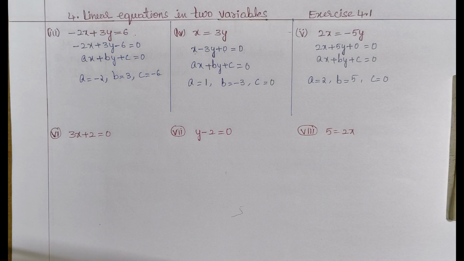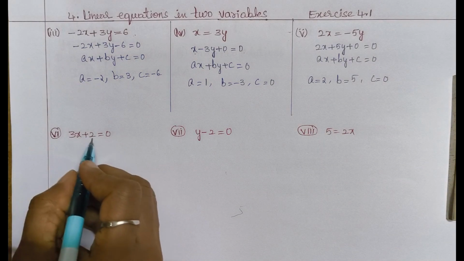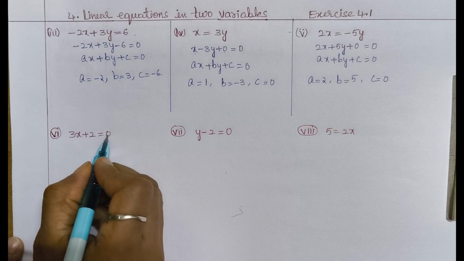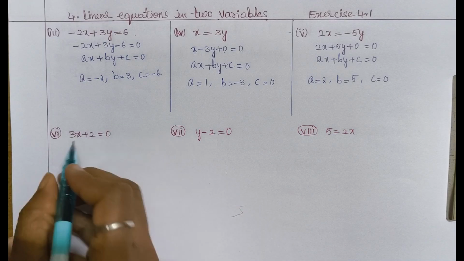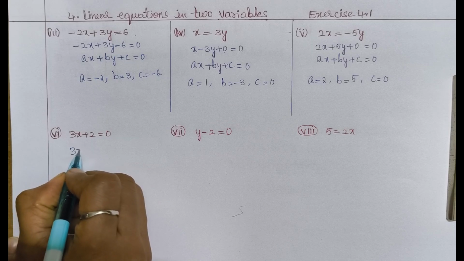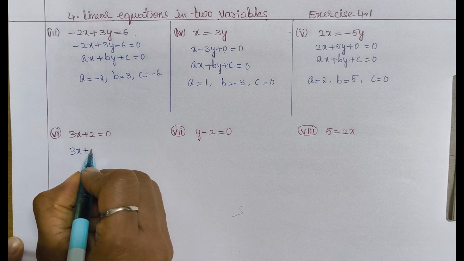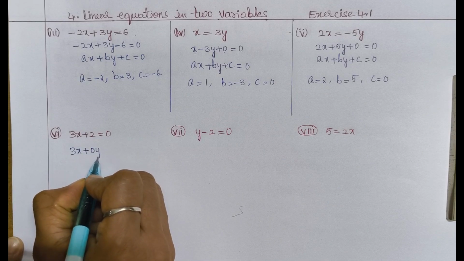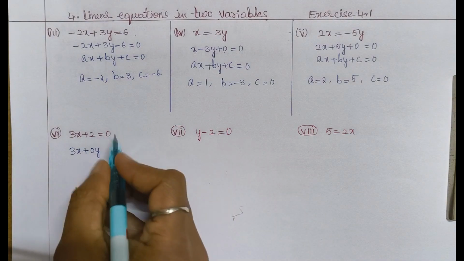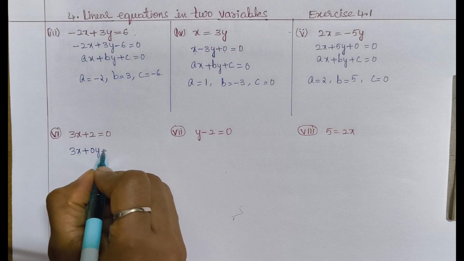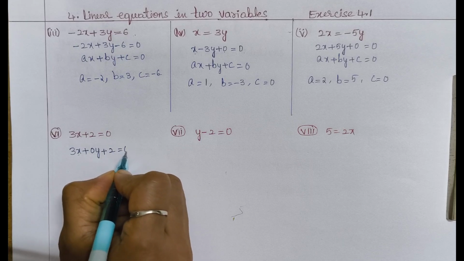Finish. Now see here. Sixth question we will do. 3x plus 2 is equal to 0. Now see, ax plus by is not there. So how am I writing? Ax plus b nothing means what you will take? 0y. 0 into y, again you will get 0 only. So ax plus by plus 2 is equal to 0.